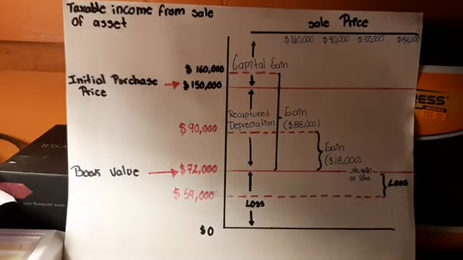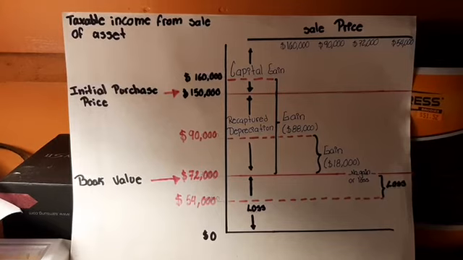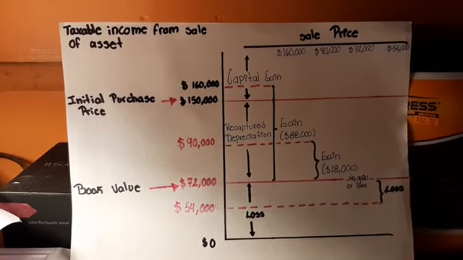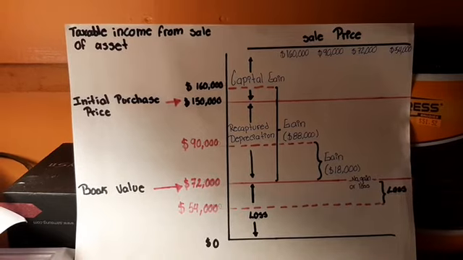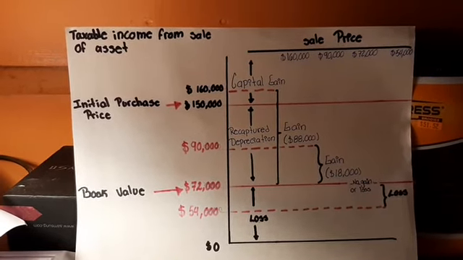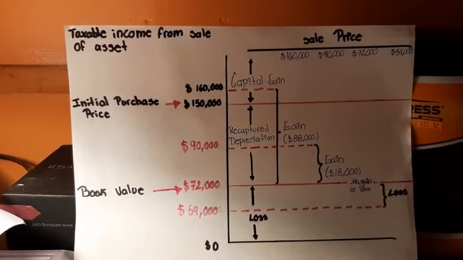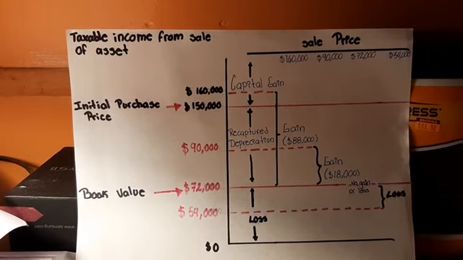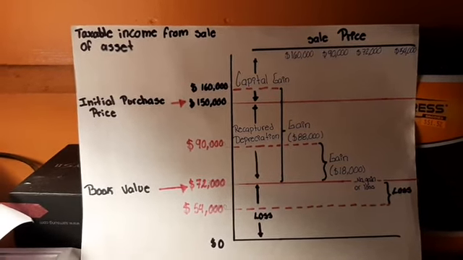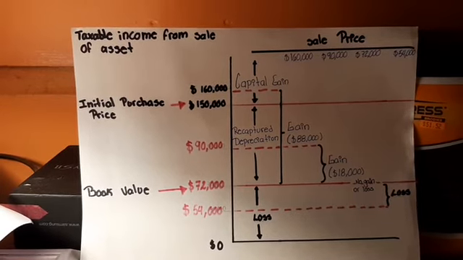So the total gain above book value of 88,000 is taxed as ordinary income at a 40% rate, resulting in taxes of 35,200. How do we get this? We multiply 0.40 by 88,000.